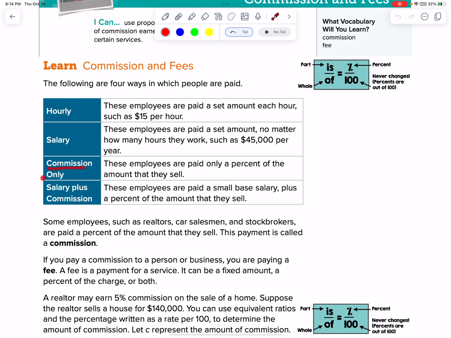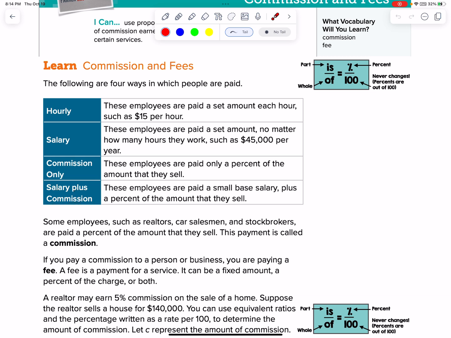You might get paid commission only. This could be someone who is a car salesman or woman, and you just get paid for selling the cars. If you don't sell the cars, you don't make any money. So they're paid a percent of what they sell, which is a pretty hard gig. More common, people are paid salary plus commission.